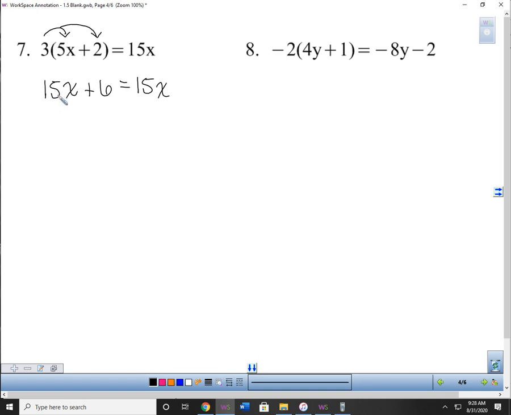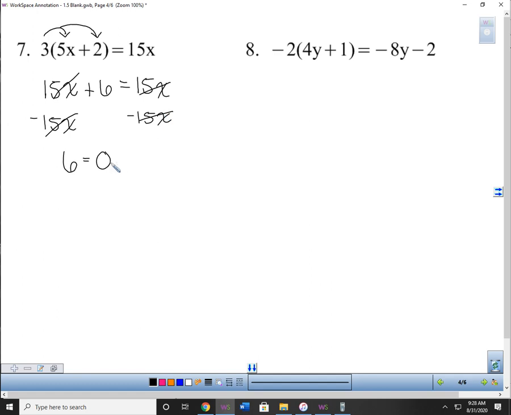So let's subtract 15x. Well, 15x minus 15x gives me 0 here. So all I have left on this side is 6. And then 15x minus 15x over here gives me 0. I don't have any x left.